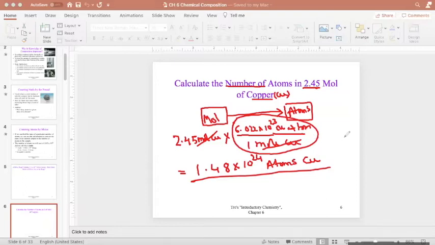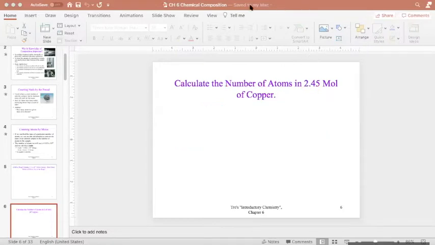We cannot use it to count how many sig figs we have in our answer. We just look at the given number in your problem, right? So we already did two types of questions, moles to atoms and atoms to moles, using Avogadro's number.